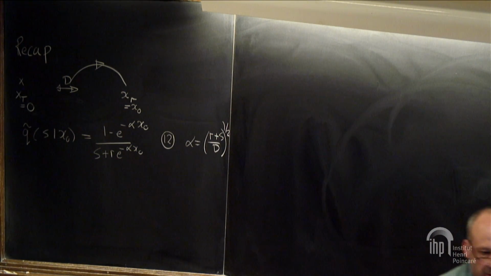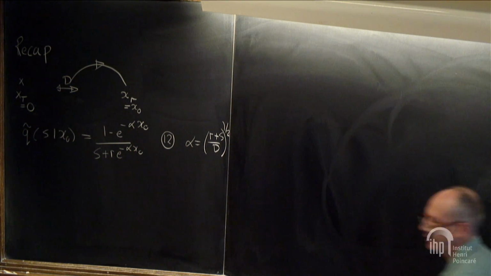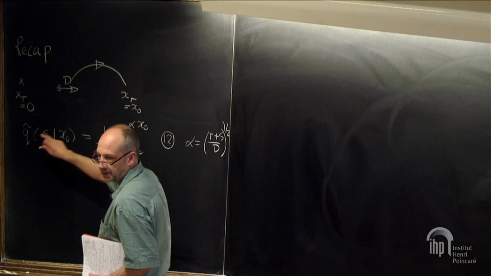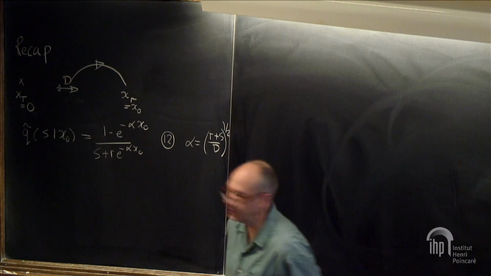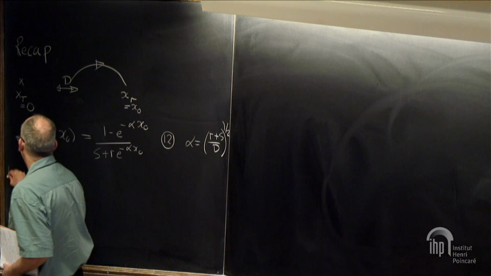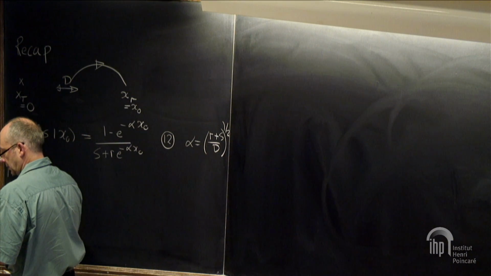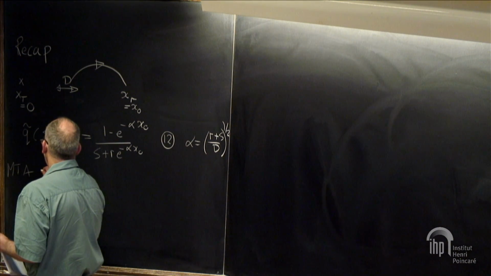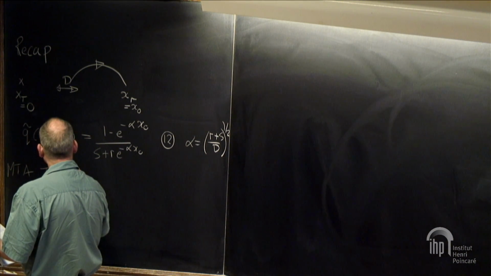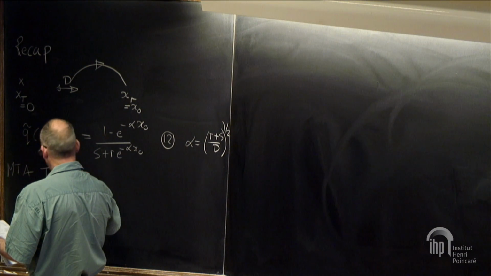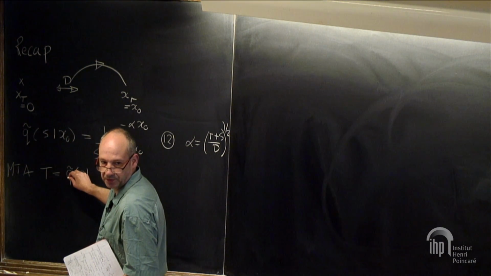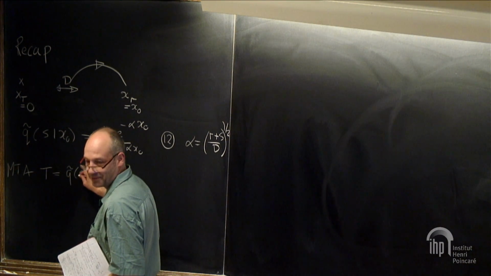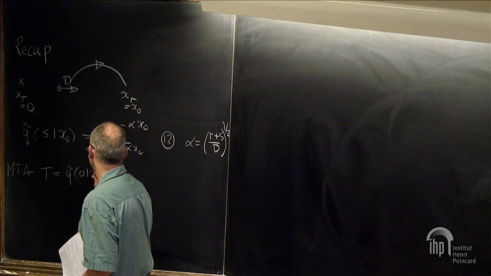And an immediate corollary of that is that, by setting s equal to 0, we get the mean time to absorption. So we'll call that T, and this was one of the equations I forgot to label. So generally, T is the Laplace transform of the survival probability with Laplace variable s set equal to 0.